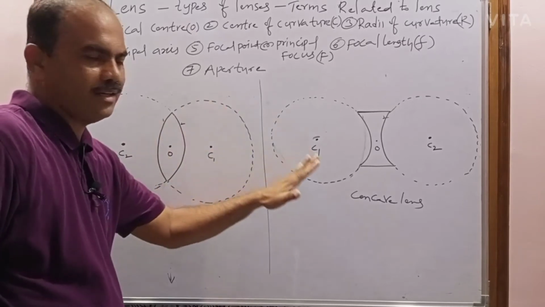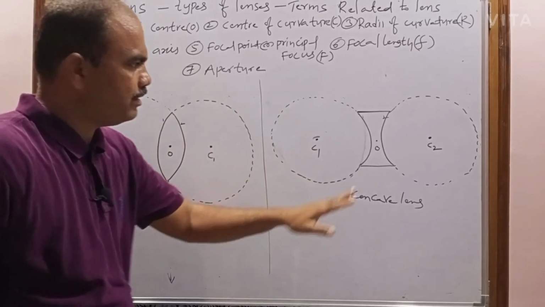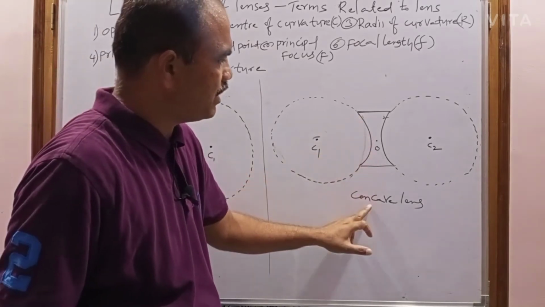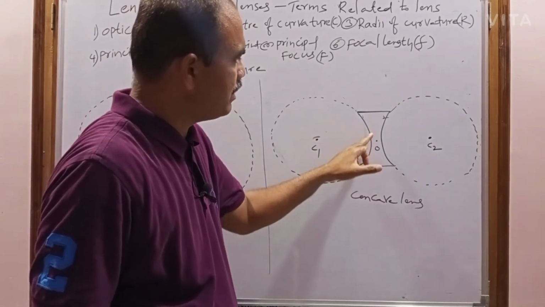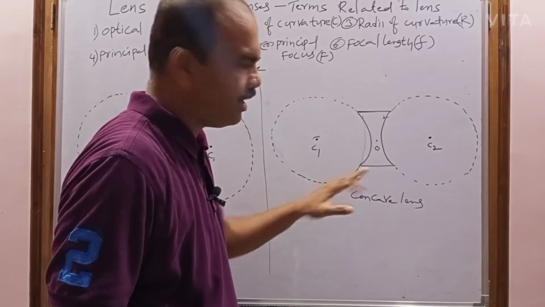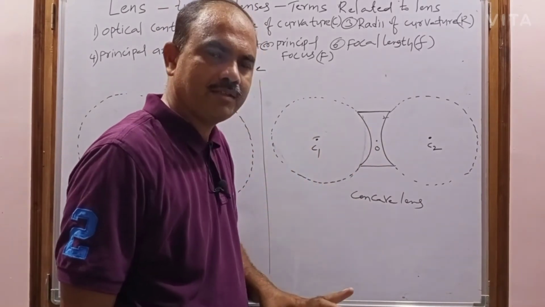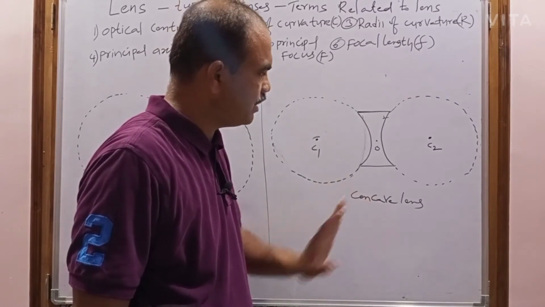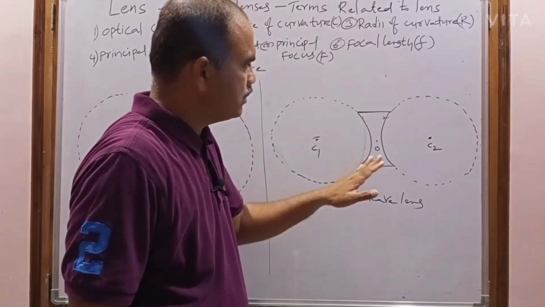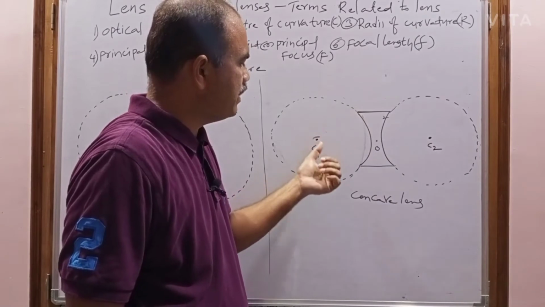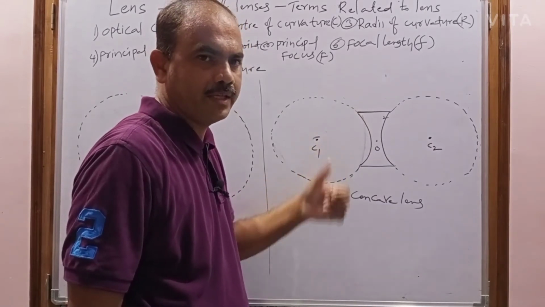That will be the right side. But this is the first surface of the concave lens. For this surface, where is the center of curvature? On the same side. In the case of the concave lens, the center of curvature exists on the same side of the spherical surface.